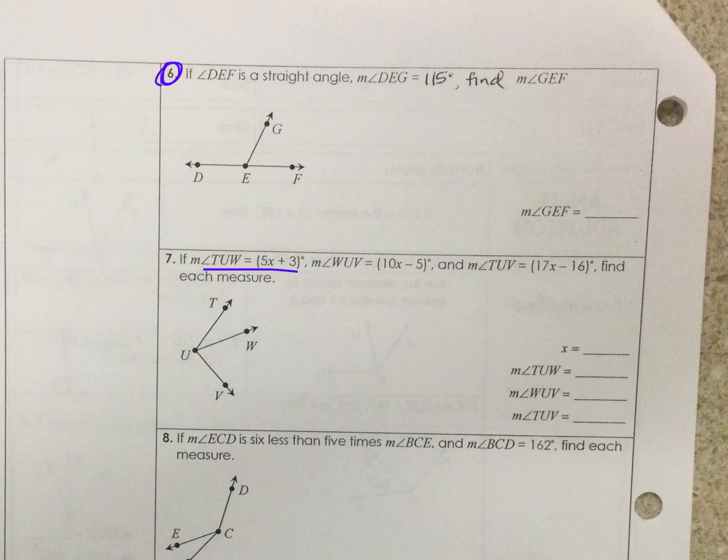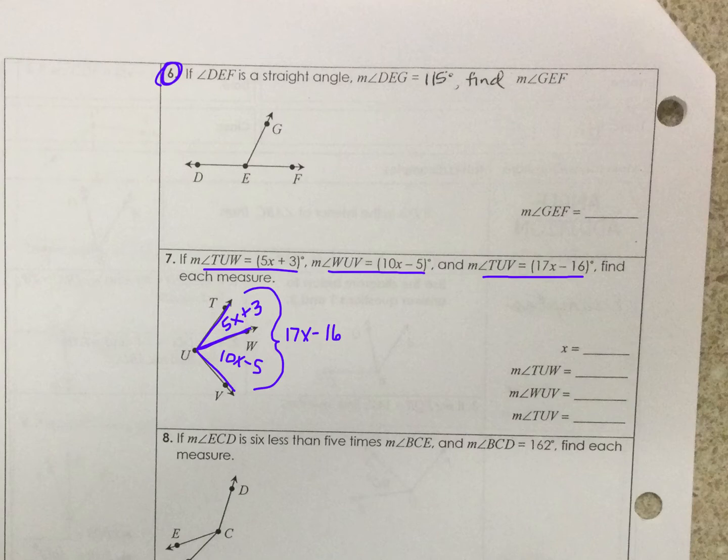TUW. So this first angle right here is 5x plus 3. WUV, this angle right here, is 10x minus 5. And this whole angle is 17x minus 16.